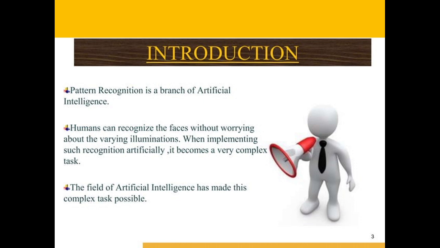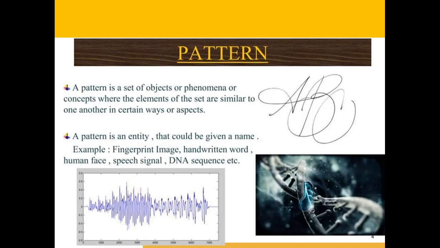When implementing such recognition artificially, it becomes a very complex task. The field of artificial intelligence has made this complex task possible. Now machines are going to do the recognition, and for that we are going with pattern recognition.